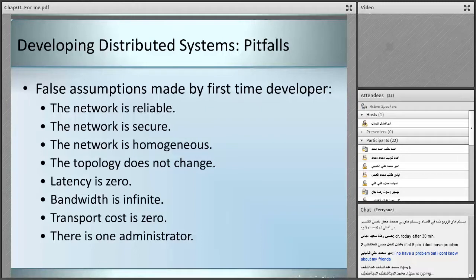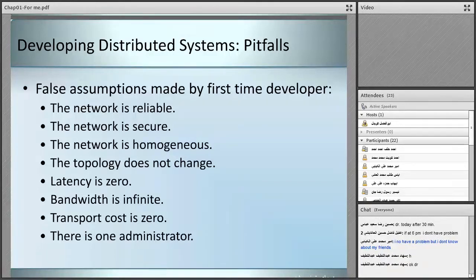Let me check. Yes, tomorrow at 6 p.m. I'm free. Okay, it's a good idea.